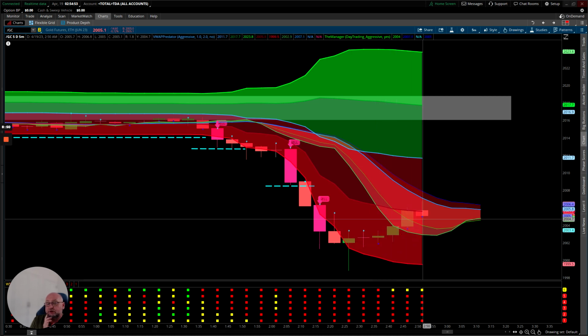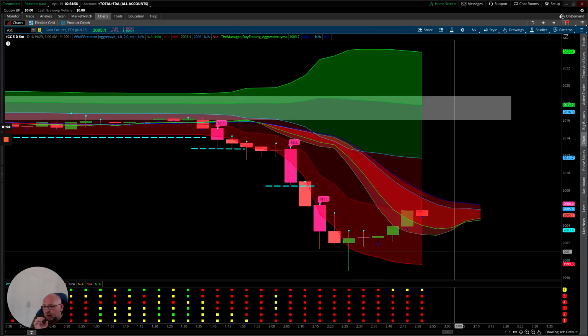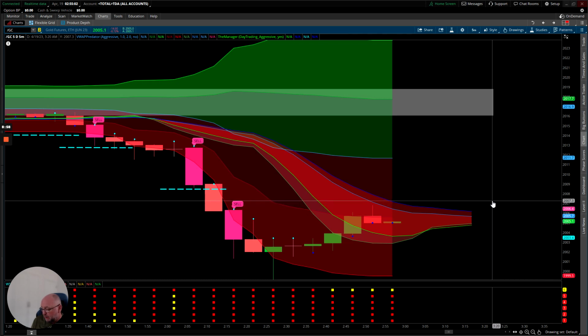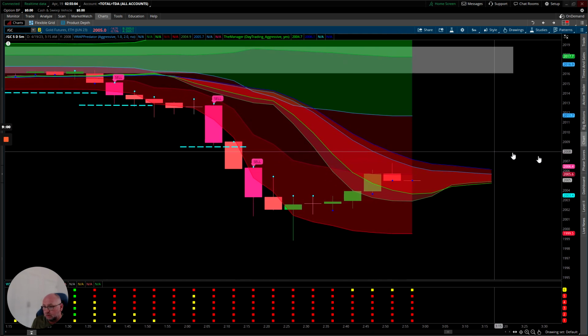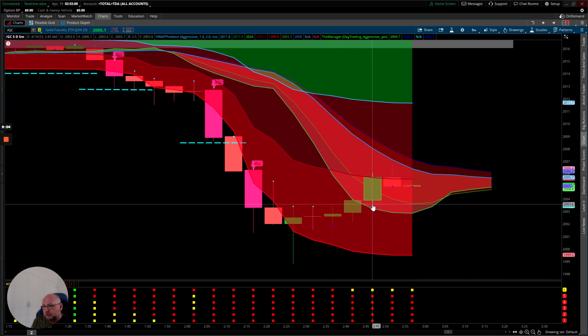So using the manager, combined with the ribbon, combined with understanding that this move back up at the moment is lower than average volume because it's got blue dots underneath.